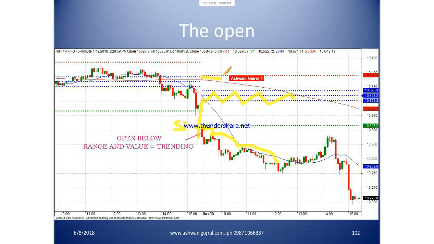So lesson number 1 of open is, if the market is opening below S1 or above R1 and previous day is a range bound session, low volatility session, the odds of trending have become high and you should chase the market, which means sell below S1.